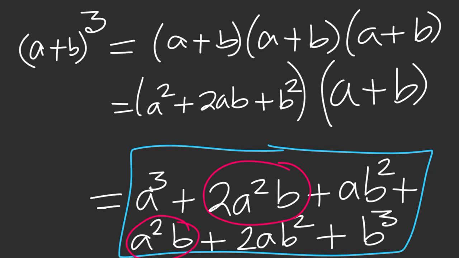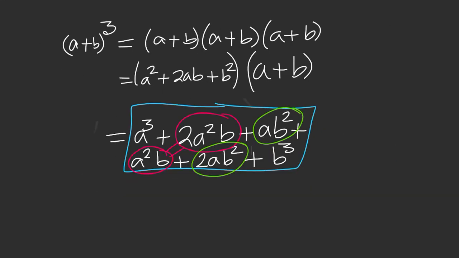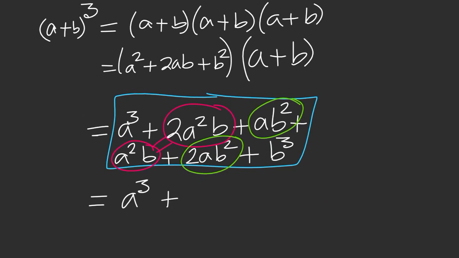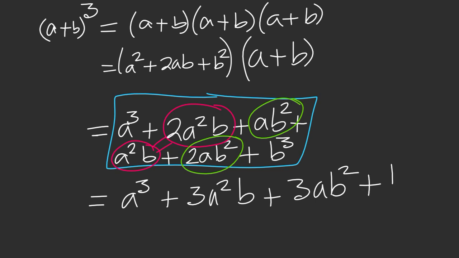That is, in total this gives us 3a square b, and also this twice ab square and this ab square together gives us 3ab square. Hence we can write the formula as a cube plus thrice a square b plus thrice ab square plus b cube.